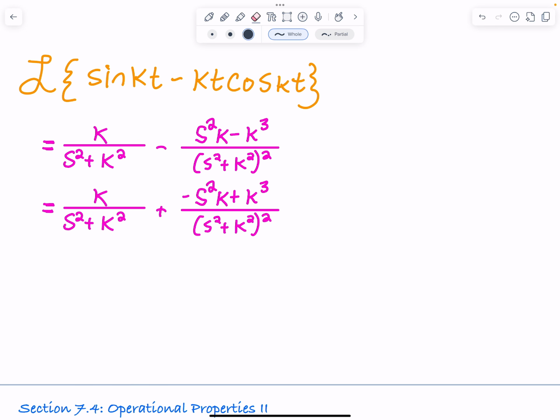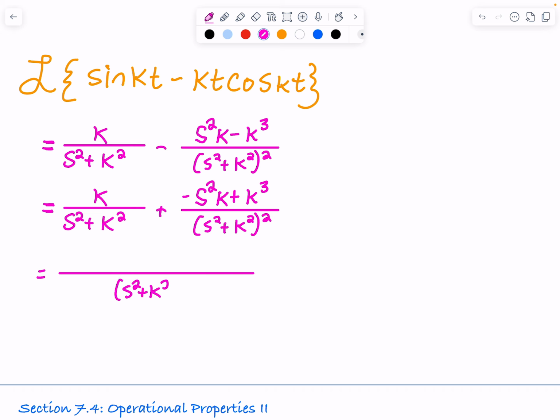I need another common denominator. The common denominator is going to be s squared plus k squared squared. This will be k times s squared plus k squared. That first fraction needed that. Minus s squared k. And I think it makes sense to take the k out again here.